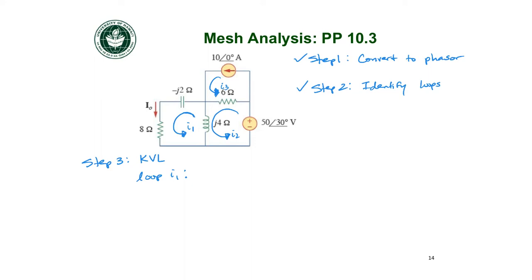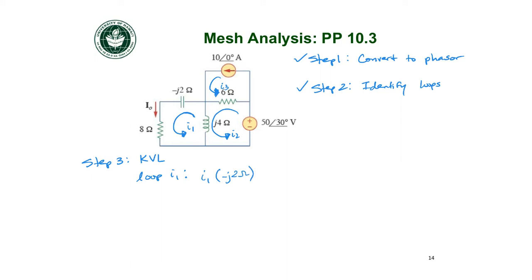So the first element is going to be the capacitor. The voltage drop across that is going to be I1 times the impedance, which is negative J2 ohms.